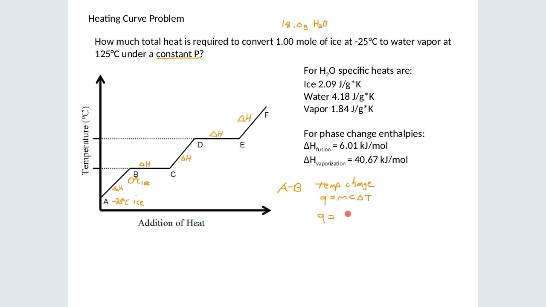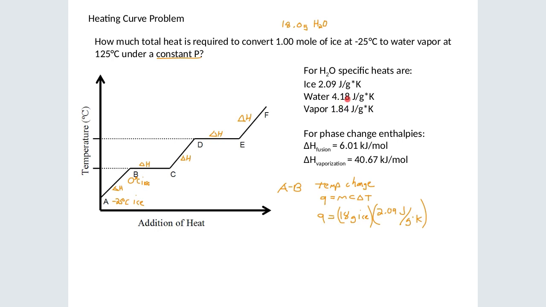So I have 18 grams of ice to start with. So that's my mass unit. And then I need to use the specific heat that is appropriate for this phase. So since I'm dealing with ice, we're going to start with 2.09 joules per gram Kelvin as my specific heat here.